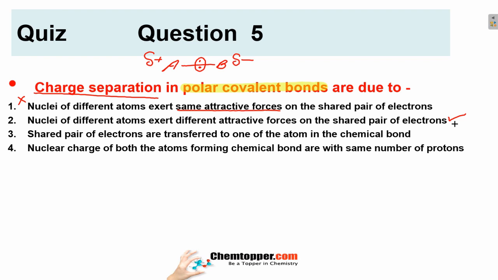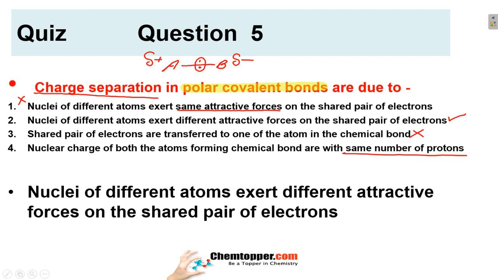Shared pair of electrons are transferred to one of atom in the chemical bond? No, there is no transferring of electrons. That's going to be ionic bond. Nuclear charge of both the atoms, if they have the same number of protons, then it means they are exerting same attractive forces. So there is no charge separation again. So the correct answer is option 2.